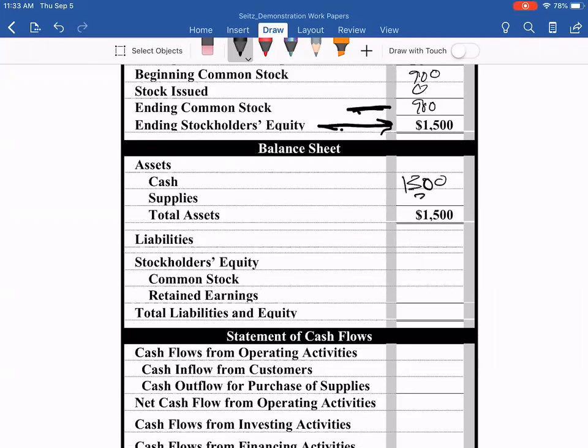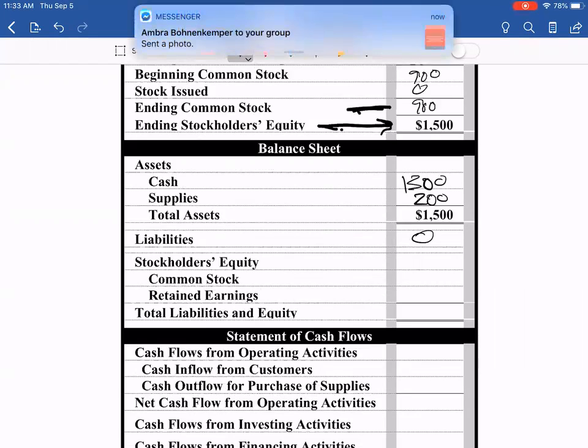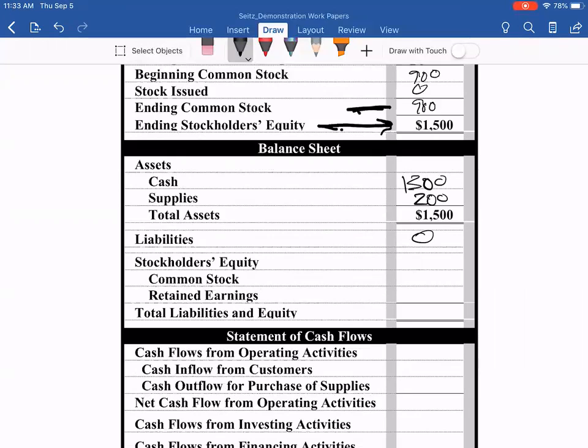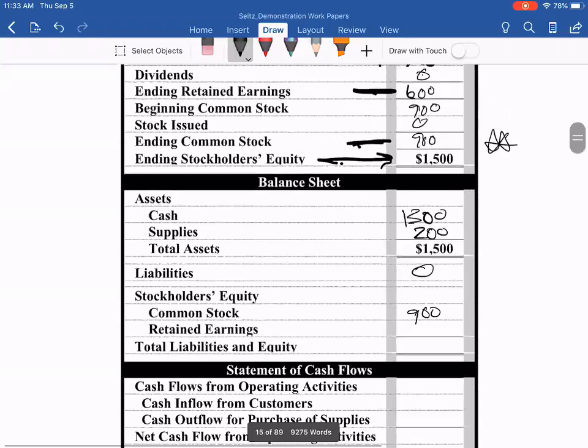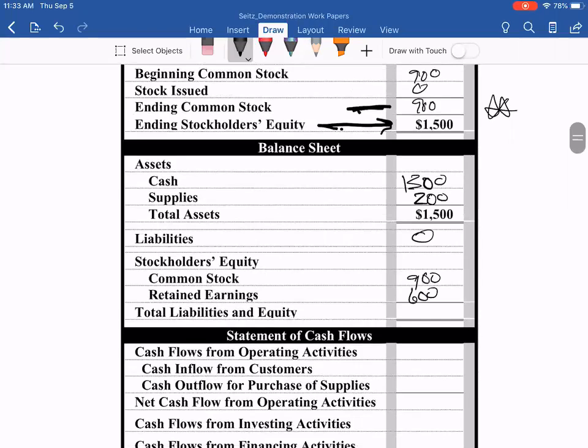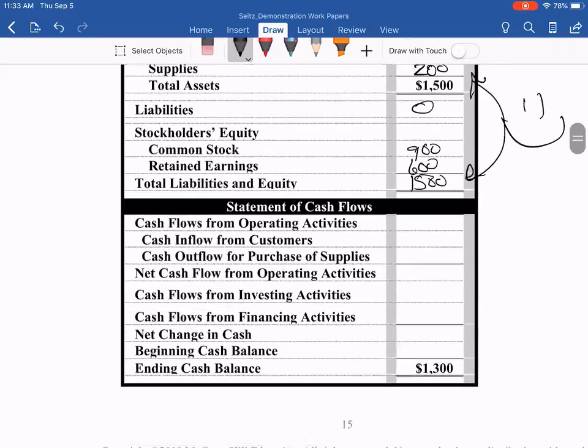Our supplies based on our inventory was 200, and that gives me total assets of 1,500. I don't owe any money. My stockholders' equity from up above would be common stock of 900 and an ending retained earnings of 600. So our total liabilities and stockholders' equity, 1,500. These two balance. Yay! I can move on.